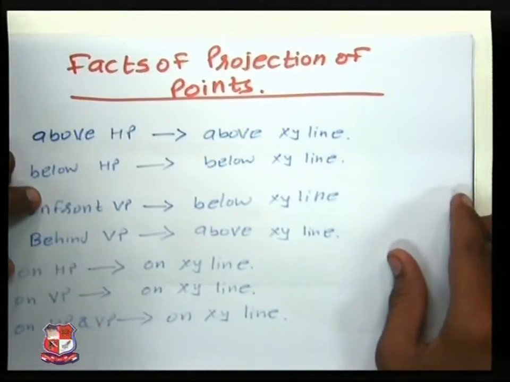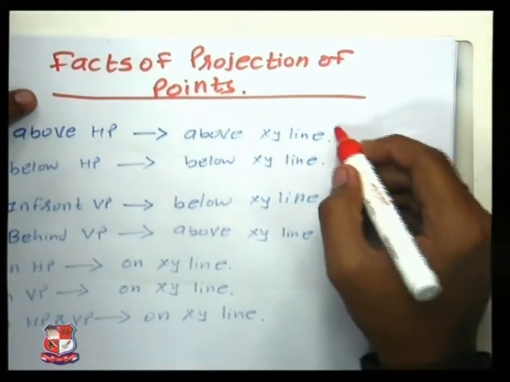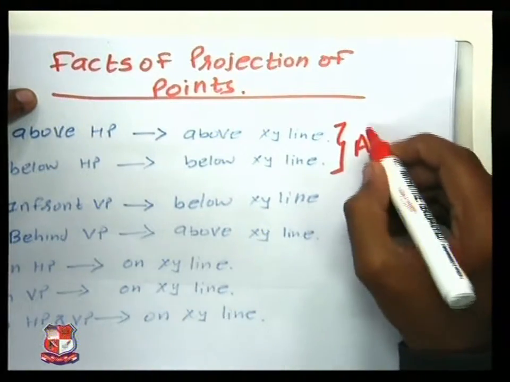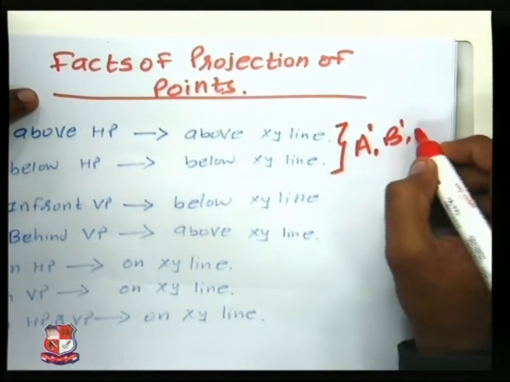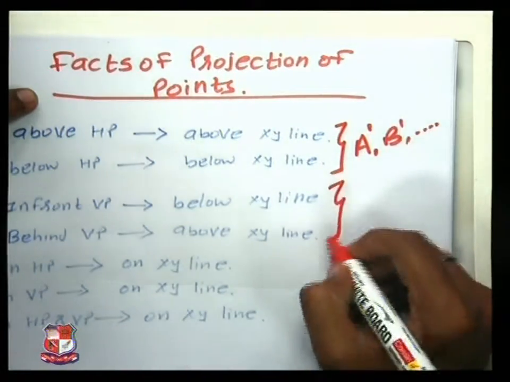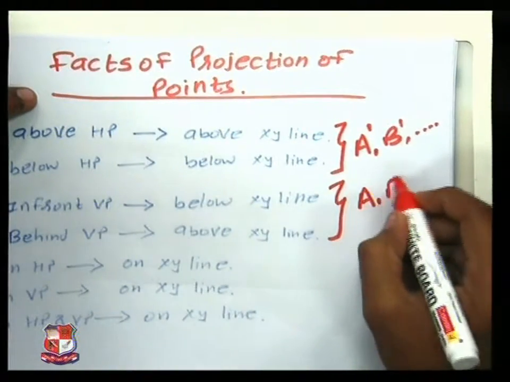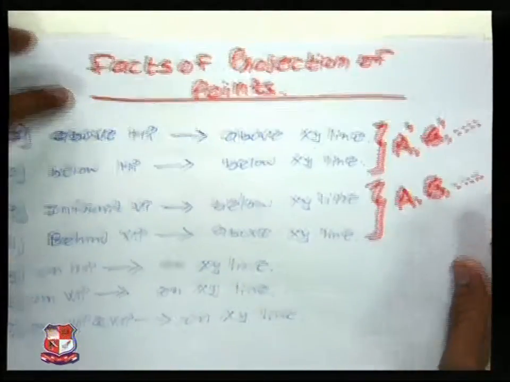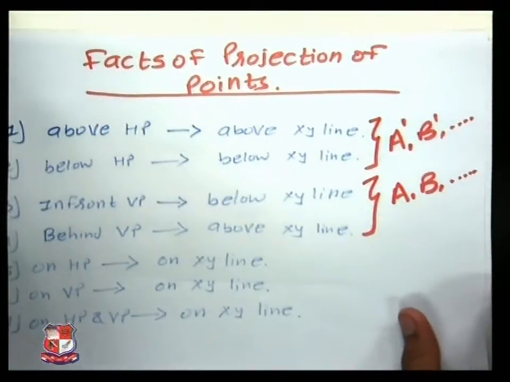Now when we are talking about the HP component, it would be denoted by A dash or B dash, or with a dash. When we are talking about the VP, the vertical plane component, it will be the simple alphabet A, B, C, X, Y, Z. So these are the facts about projections of a point.